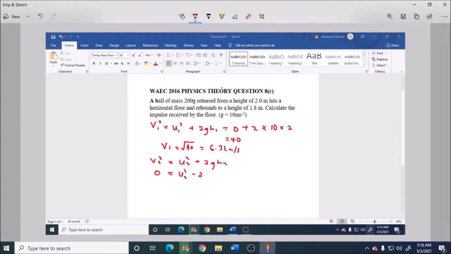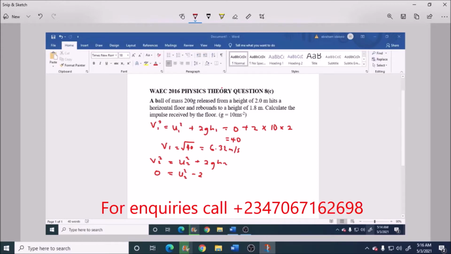This is minus. Okay, so this will give us u equal to the root of 36, which is equal to 6 meter per second.